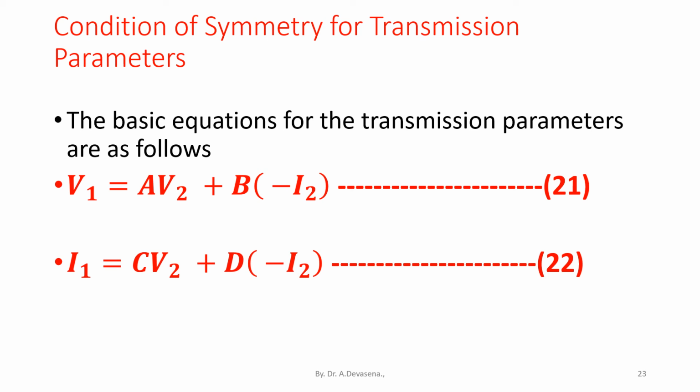Consider this as equation 22. In the transmission parameters, we have represented V1 in terms of V2 and minus I2. Similarly, I1 in terms of V2 and minus I2. This is represented in equations 21 and 22.